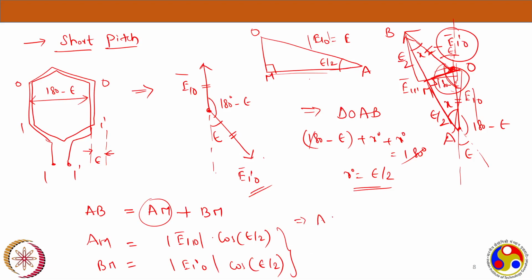Now AB, which is the resultant E11 dash, will be this plus this. Since these are the same magnitude, it will be E cos epsilon by 2, and this one will also be E cos epsilon by 2. So the total resultant will be 2 times E cos epsilon by 2, right?